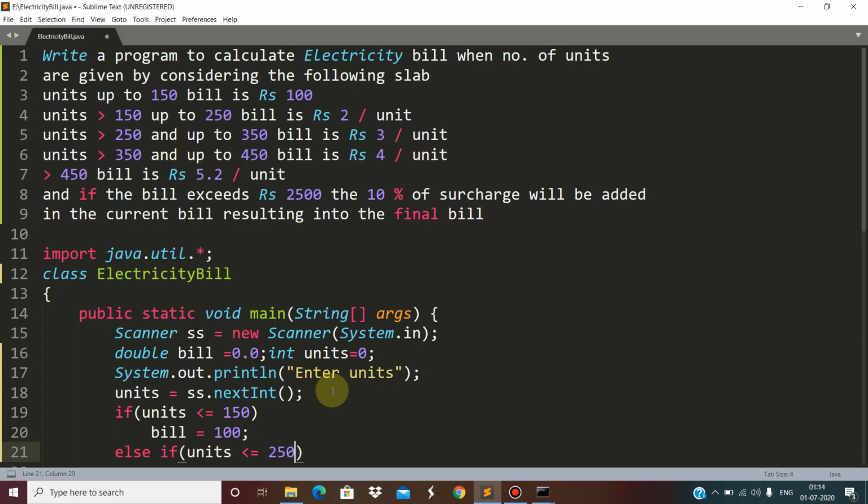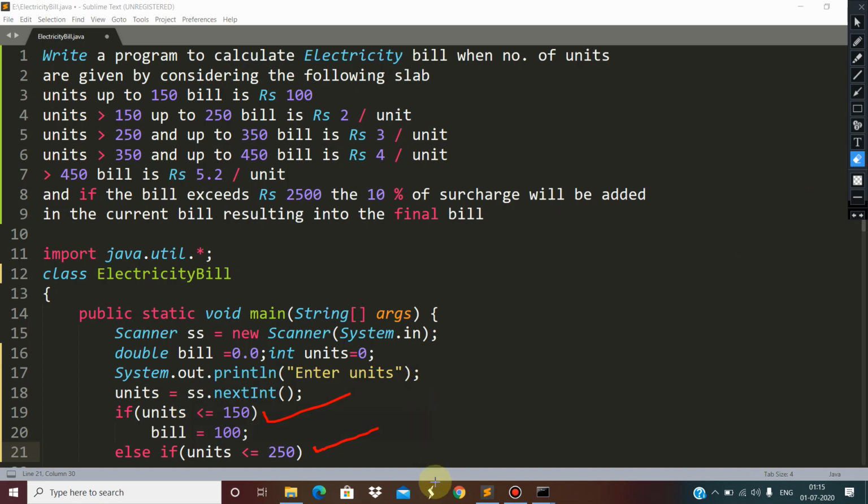We will simply write, if units are less than or equals to 250, then only this condition will be tested, because if it is more than 150 the earlier condition has failed. Otherwise, the rest of the conditions which follow this one will be bypassed.